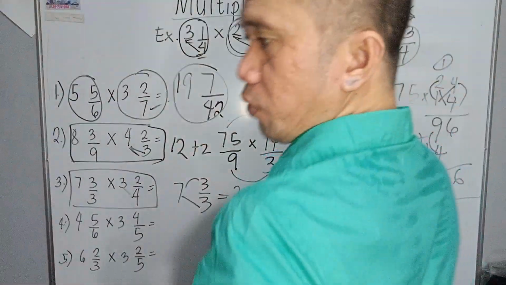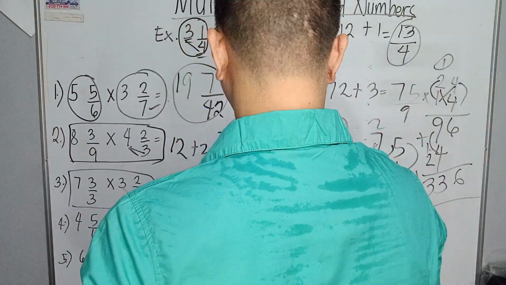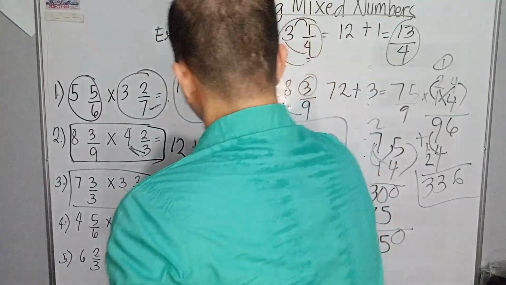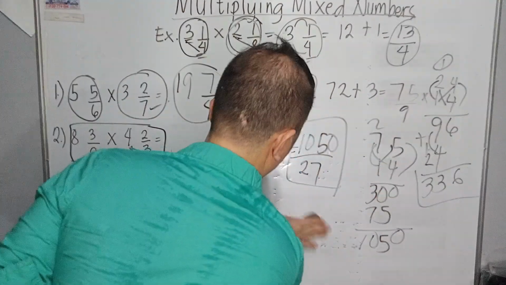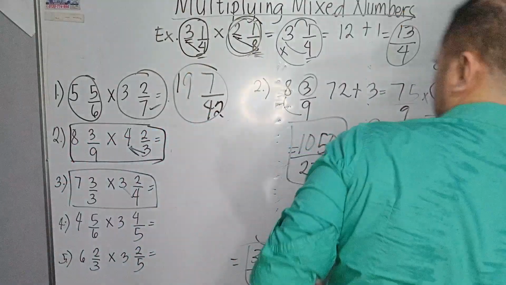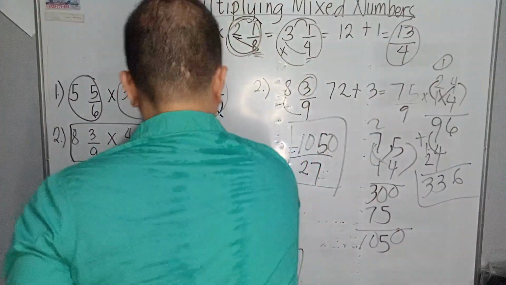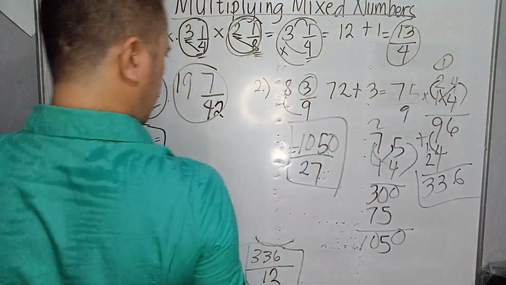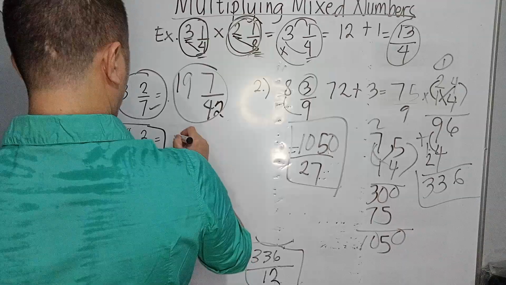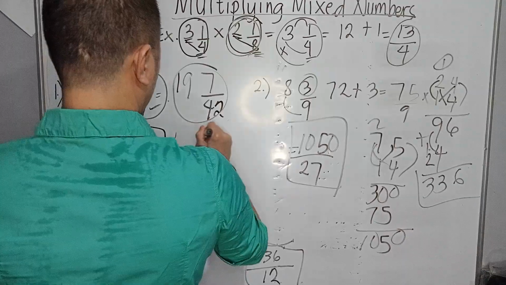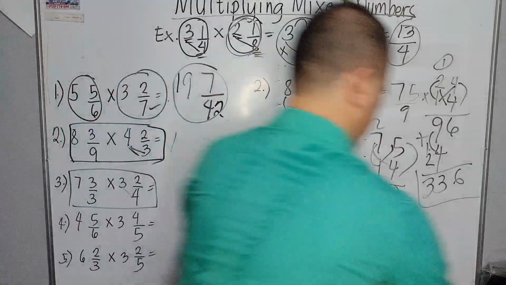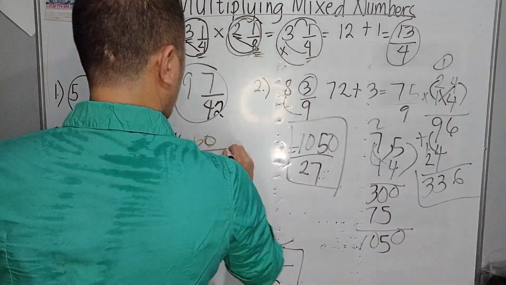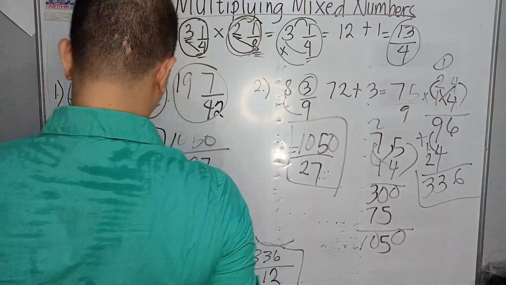Next, we need to proceed to number 4. Okay, for number 2, we have 1050 over 27.